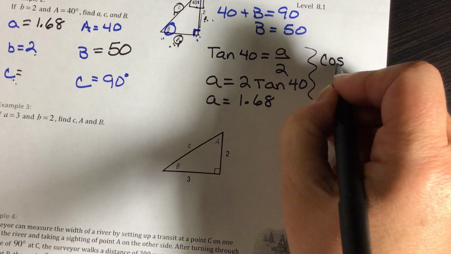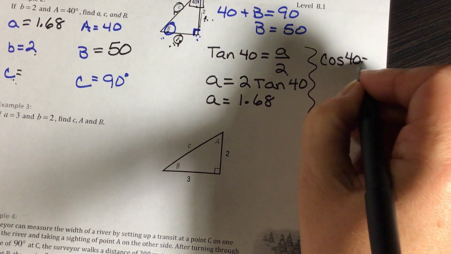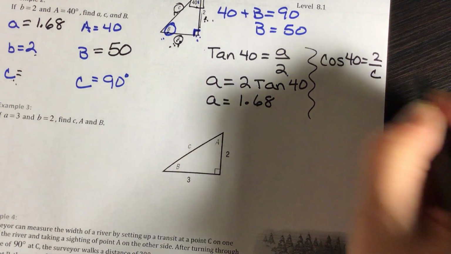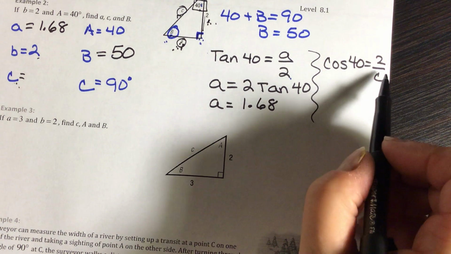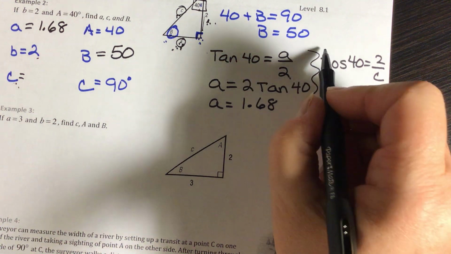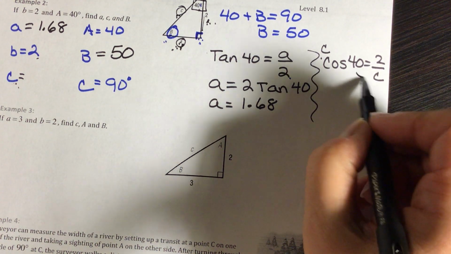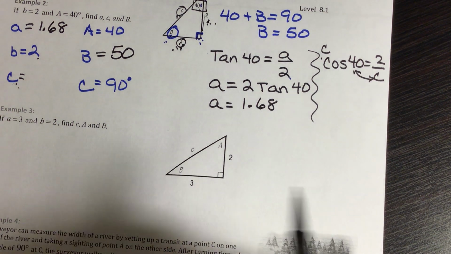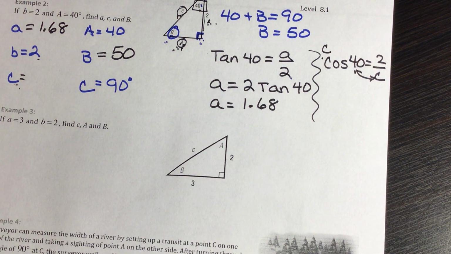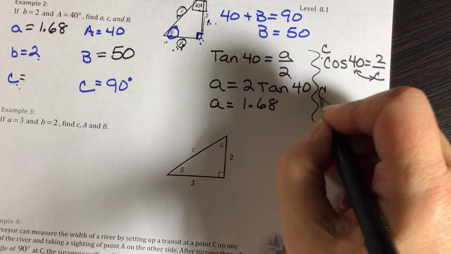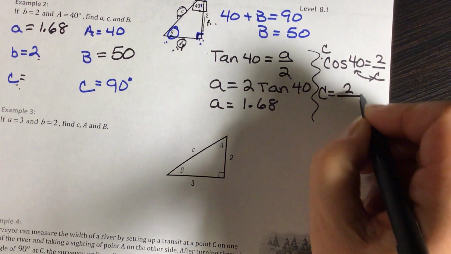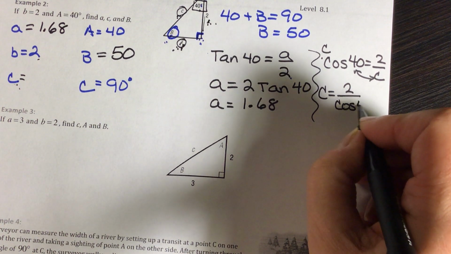So cosine of 40 equals 2 over C. And if I multiply by C to get it over here, and then I divide by cosine, basically I'm flipping those, I'm going to get C equals 2 divided by cosine 40.